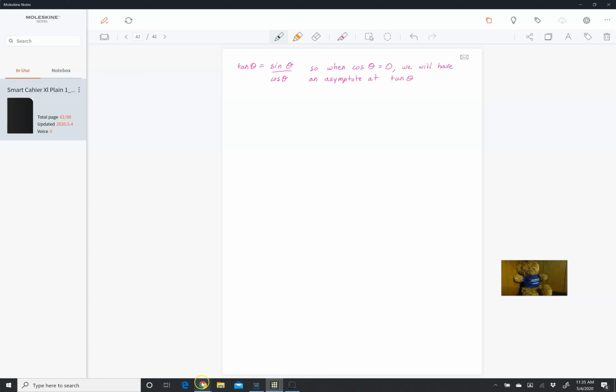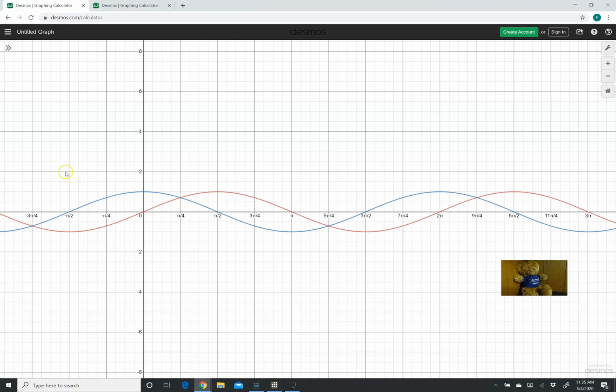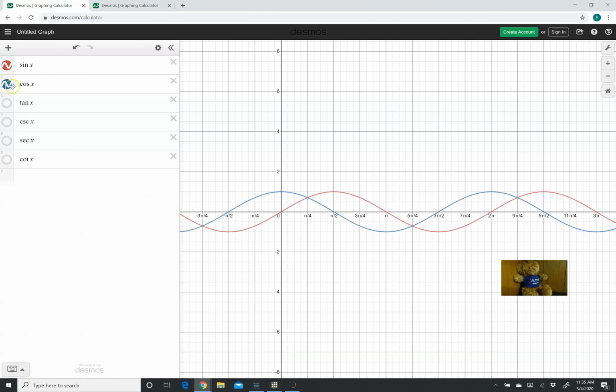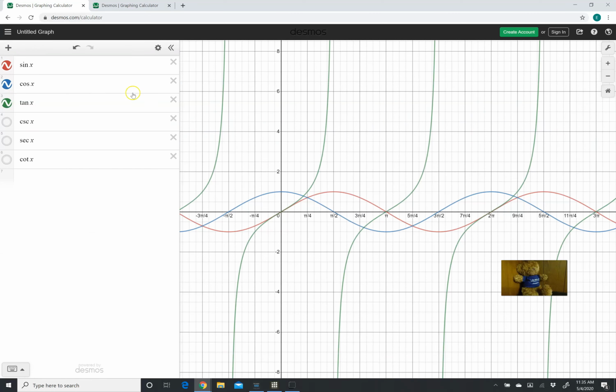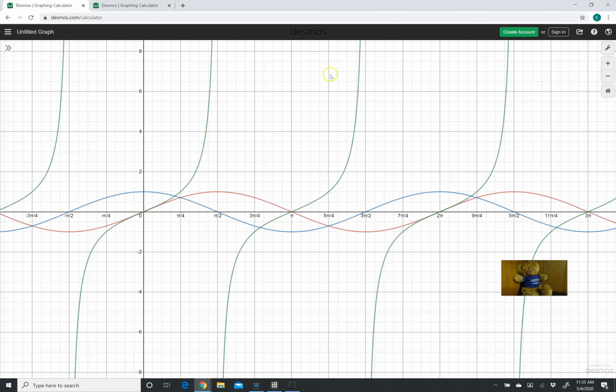Okay, so let's take a look at the graph. This is the graph. Now, imagine dashed lines, okay? I'll take out the other graphs in a second, but you can see that tangent of theta is 0 when sine of theta is 0, because 0 over anything is 0.